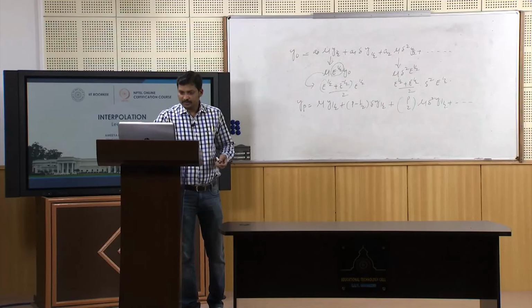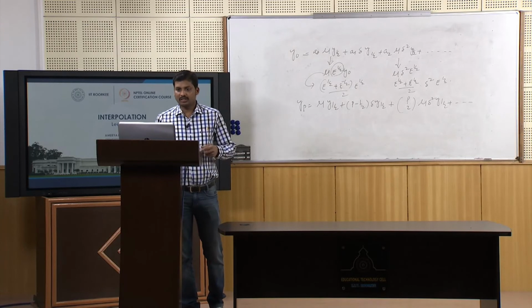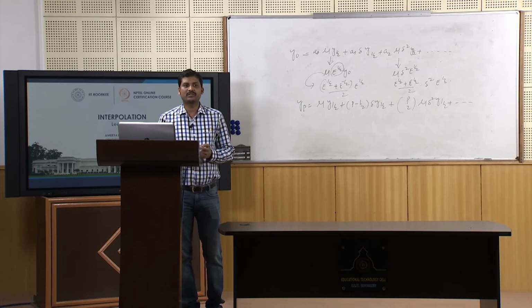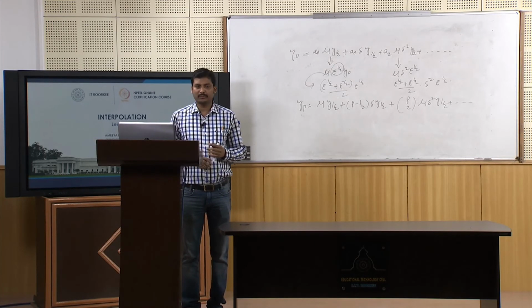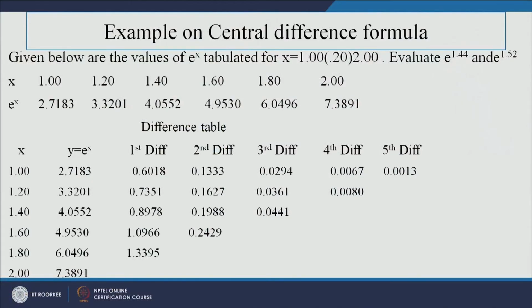So, with these formulas we can try to solve some problems. For example, it is given that the values of e to the power x are tabulated at different points starting from 1.00 to 2.0 with an incremental size of 0.20, and it is asked to evaluate this value at 1.44.